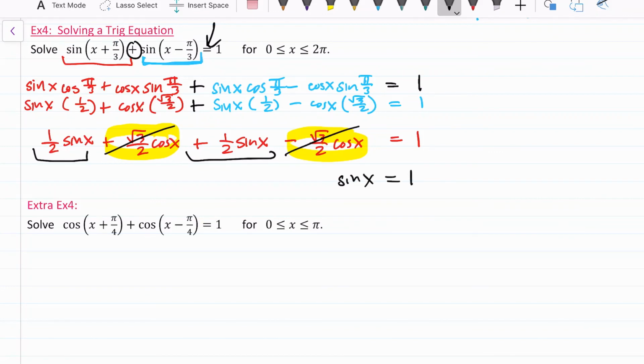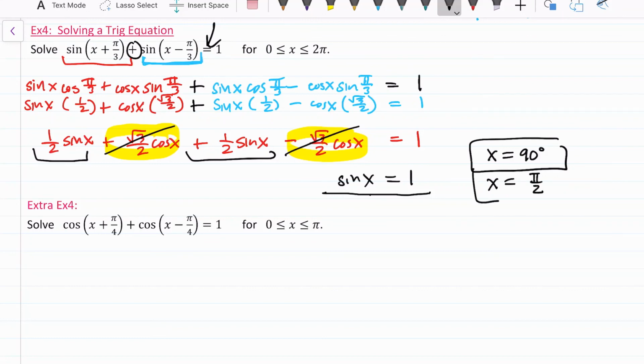And so what you're trying to figure out is where does sine equal 1, and sine equals 1 when x is equal to 90 degrees. Because that's sine of 90, that gives you 1. So that's your answer, or you can actually say pi over 2, if it's in radians.